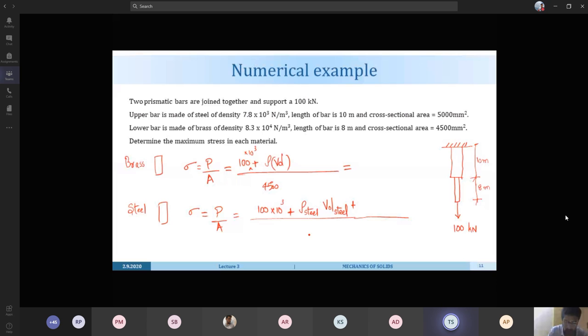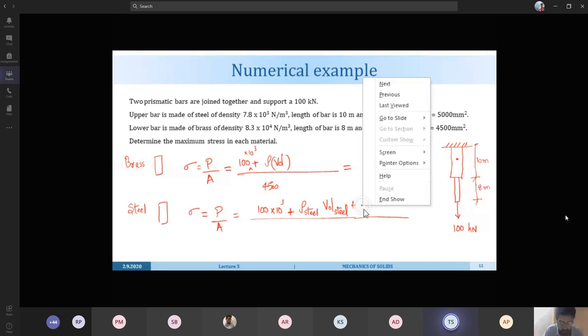No, you should not finish with that, because this is a steel material. It will be acted on by the load from the bottom part also. So we need to add the weight of the brass also, which will be density of brass into the volume of brass.